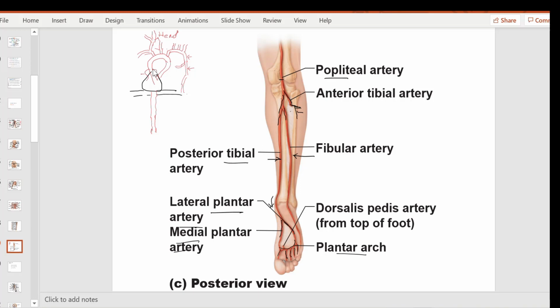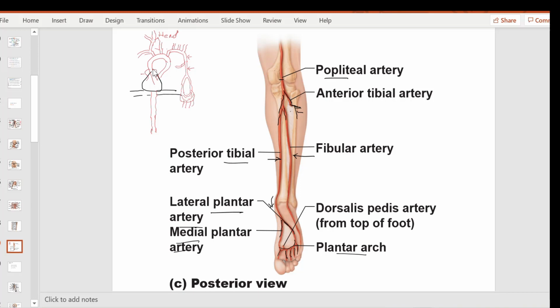Okay, so radial and ulnar, and they divide into two branches to form two arches. Remember that I did draw this before, two arches in the palm, superficial and deep palmar arches. Okay, and then from the arches we get the digital for the fingers.